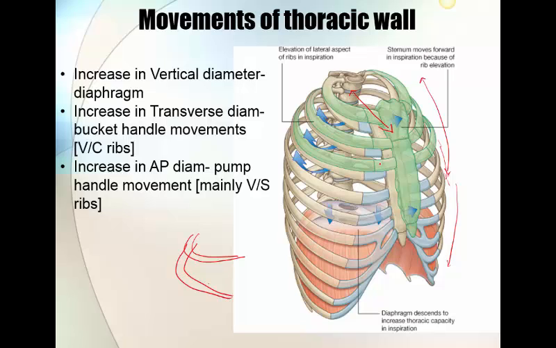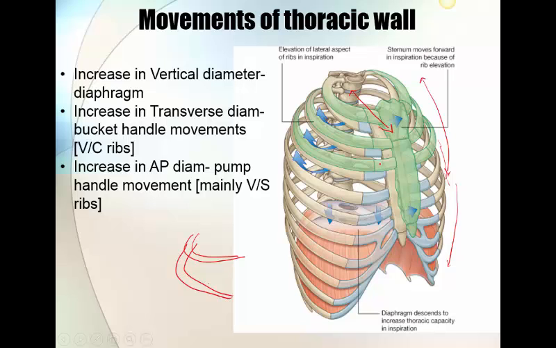So the lower rib becomes horizontal, occupies the space of the upper rib, which is much shorter than it, and to accommodate itself, it has to push the sternum forward, increasing the anteroposterior diameter. That is known as the pump handle movement. So that's how the volume of the thoracic cage is increased by these muscles.